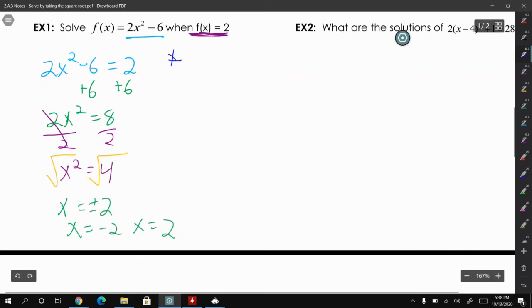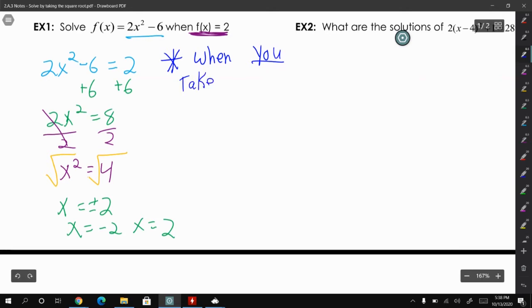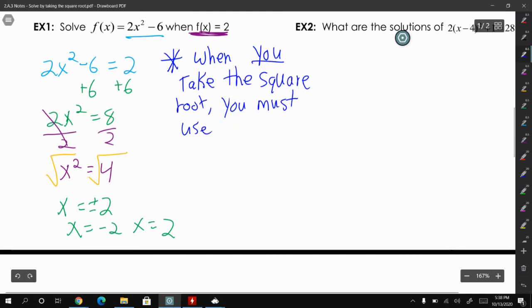So you need both solutions in order for the question to be correct. Something I always stress to students is that when you are solving an equation and you have to take the square root in order to get x by itself, you must use plus or minus and get two answers.